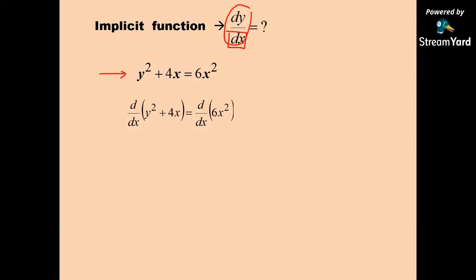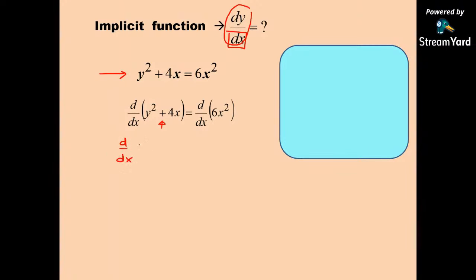So write this back, but please do make sure to add d over dx on the left hand side and d over dx on the right hand side. Since we have a plus, I can separate them into two. So I will have d over dx of y squared plus d over dx of 4x, and this is d over dx of 6x squared.